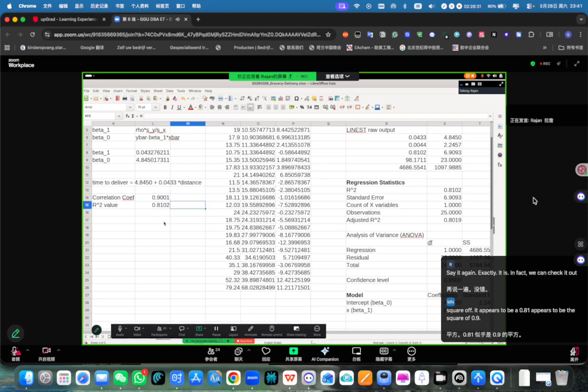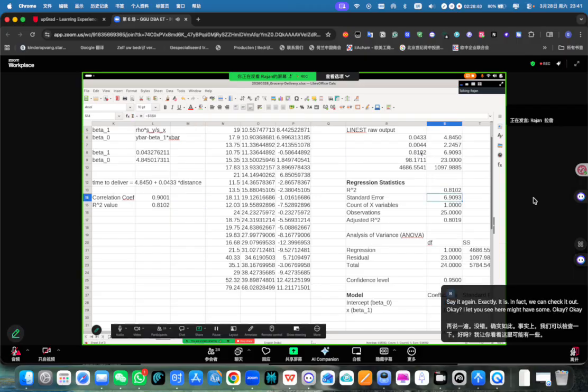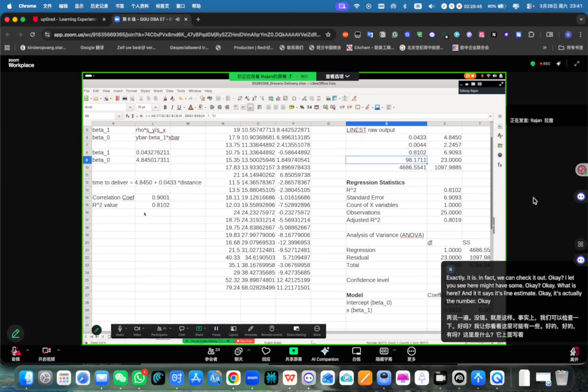Let me see here. It says it's the line estimate. It is exactly correct.